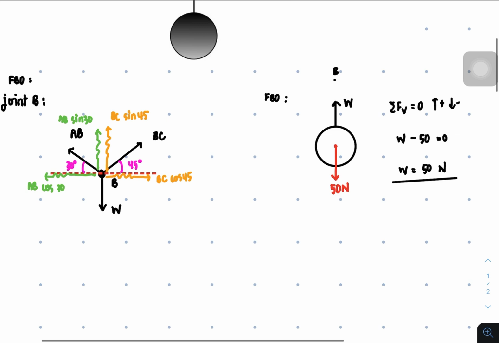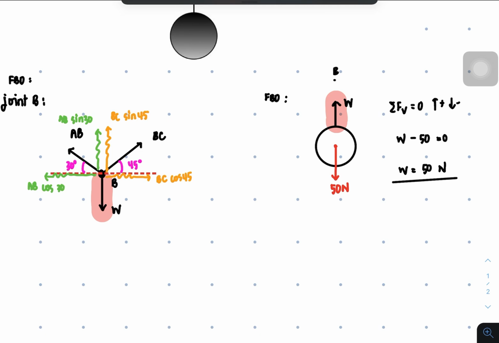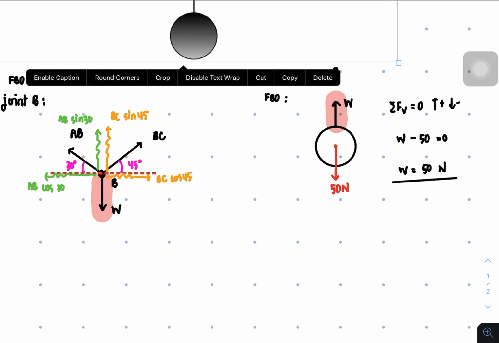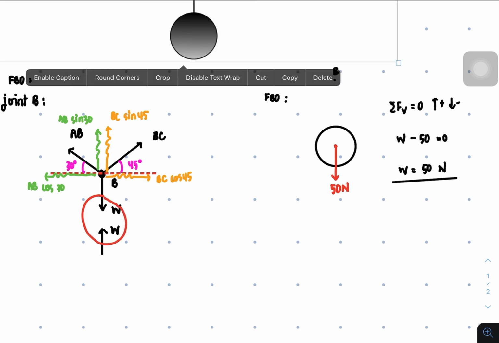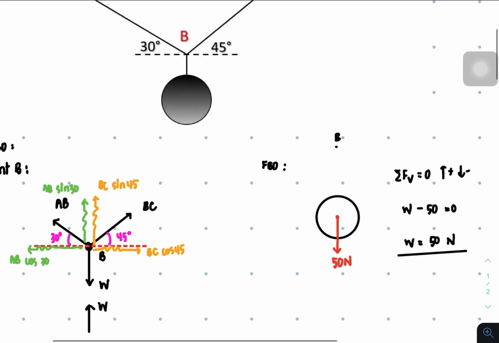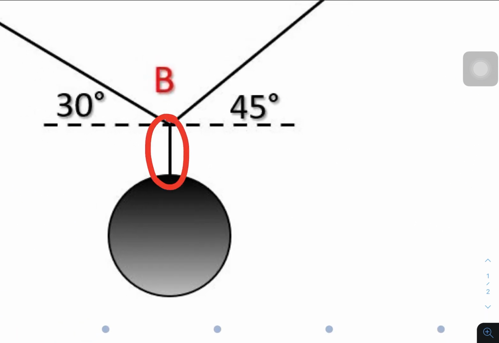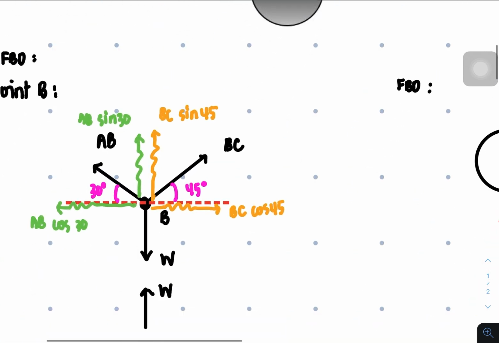As you observe, we have two different directions of W. The reason is, if we try to place back the W here, if we try to move it around, let's say we place it back here, this portion here satisfies the equilibrium: whenever you place them back together, as you can see, it will not create any vertical external force.